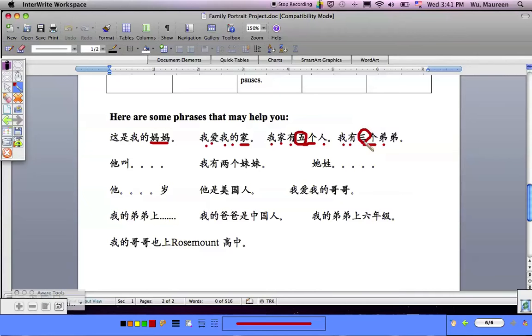You could say 4 younger brothers. Or you could talk about the number of sisters you have. 他叫. That's pretty easy, but you could easily substitute 我妈妈叫, 我爸爸叫, 我弟弟叫. 我有2个妹妹. I have 2 sisters. 他姓. And you could easily substitute in for 我爸爸姓.